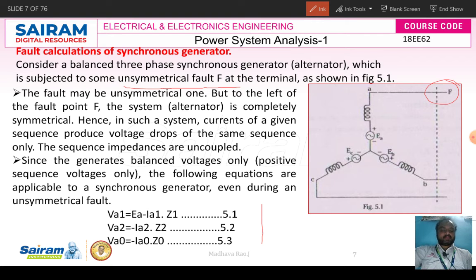Similarly, VA2 is equal to minus IA2 into Z2, the negative sequence voltage, and VA0 is equal to minus IA0 into Z0. Here Z1, Z2, Z0 are the positive, negative, zero sequence impedances respectively.